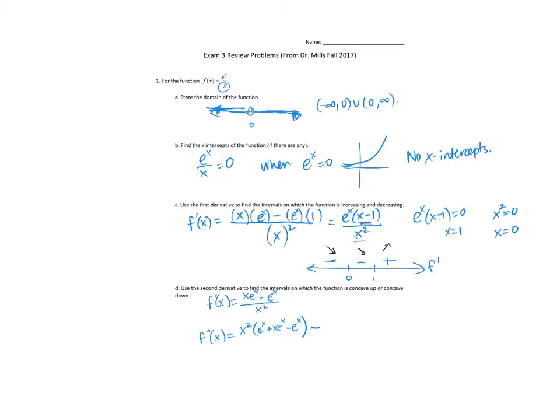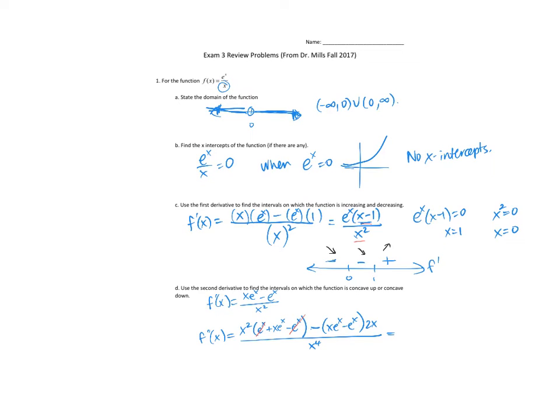minus the top function, derivative of the bottom, over the bottom squared. X squared squared is x to the 4th. Let's see if that simplifies. I can see here that the e to the x and the e to the x are going to go away.